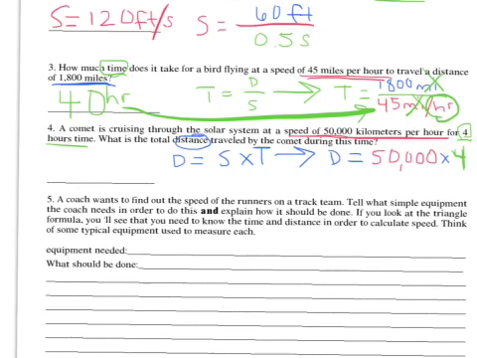Well, for 4 hours time. And so it's 50,000 kilometers per hour times 4 hours, which gives you a distance of kilometers, because that's what's left. And it's a big number. It's 200,000. Eek. I can hardly fit that in. 200,000 kilometers is the distance traveled.